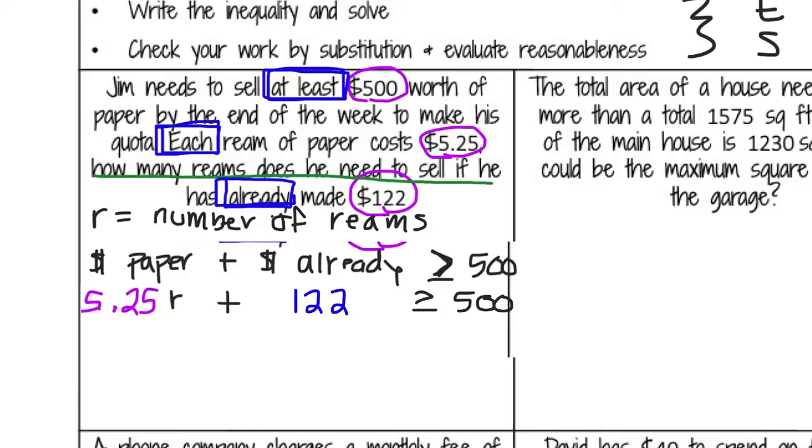Okay, and now I can solve. So draw a line under your symbol. There's no parentheses, there's no like terms, but I do have a constant, so I'm going to circle my constant, the plus 122. The opposite of adding 122 is subtracting 122.